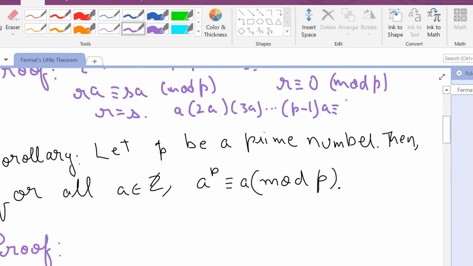So this should be congruent to P minus 1 factorial mod P, right? But then what happens if that is the case?